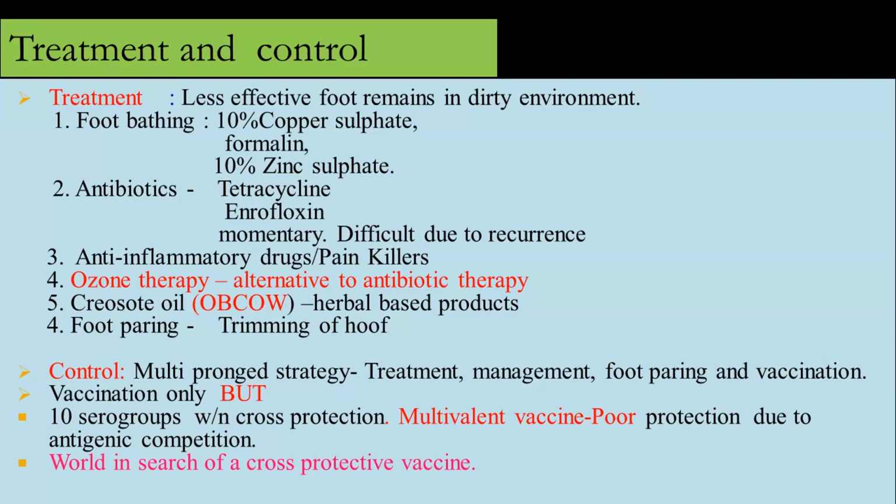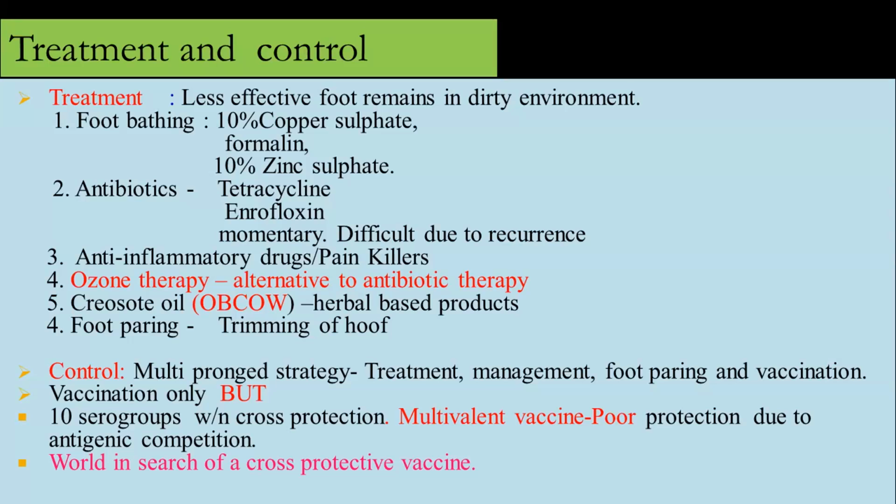Another important thing is foot paring or trimming. This is another important thing we should consider in the treatment. As a management practice, if the animal is not affected, you should do this foot paring at least twice a year. The logic behind this is that when we trim the hooves, we expose the tissue to oxygen, and it improves the penetration of drugs.